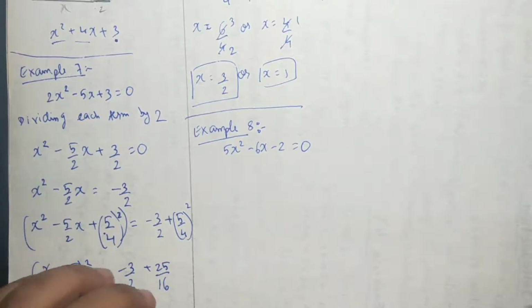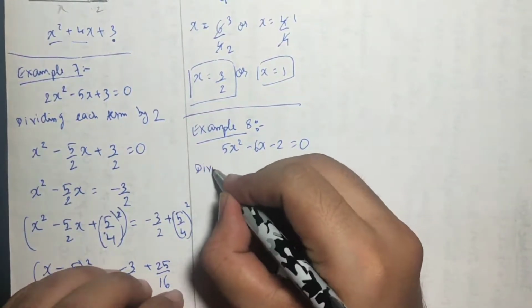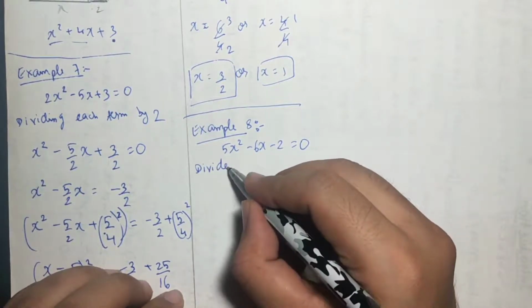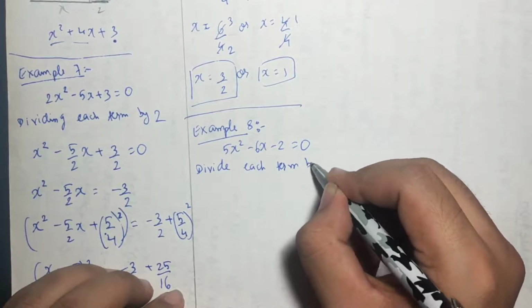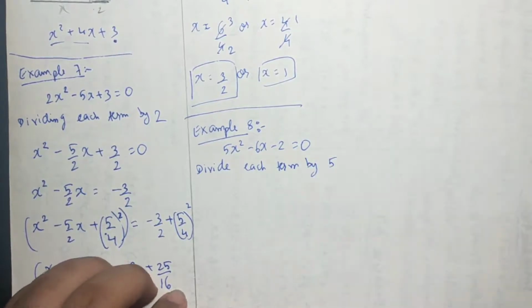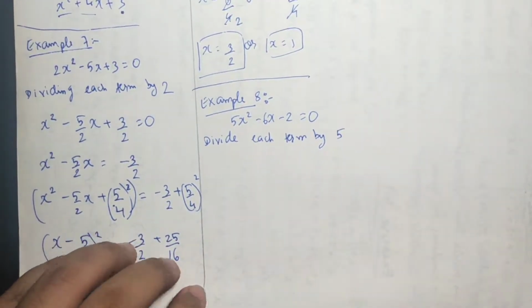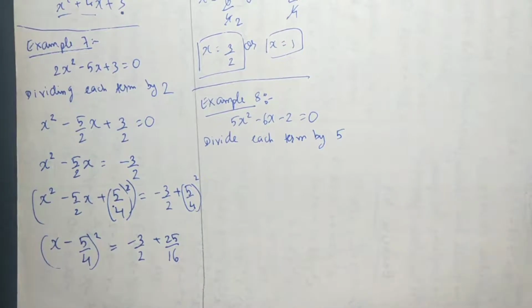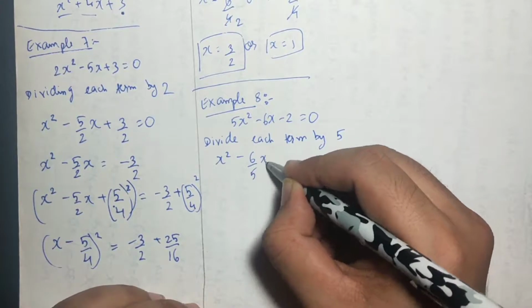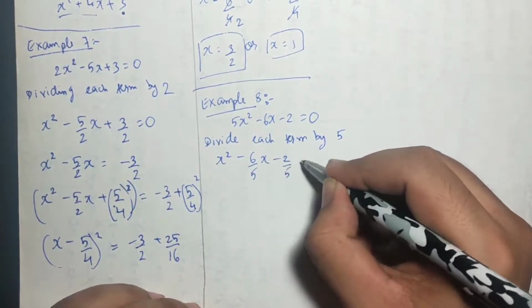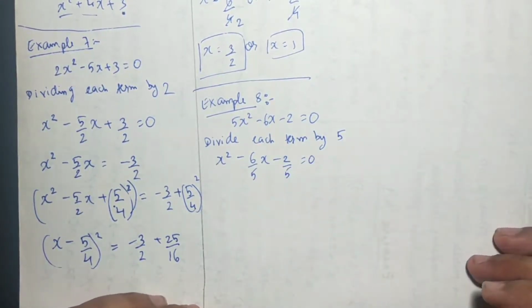So if I divide each term by 5, I have to divide each term by the coefficient of x square. Again, please go through each and every step very carefully. So this will become x square minus 6 by 5x minus 2 by 5 equals to 0.